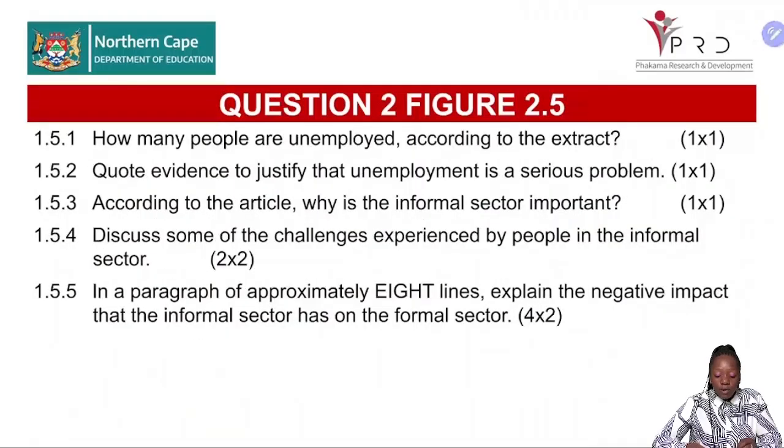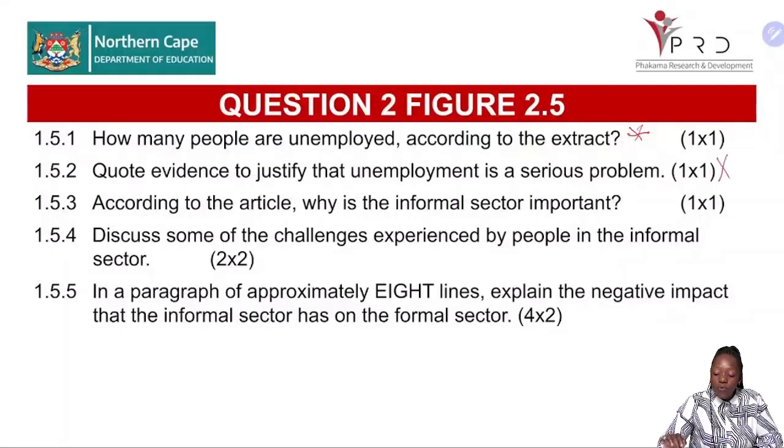Right? Looking at our questions, we have 5 questions. The first one, how many people are unemployed according to the extract? Then again, you put a star because you need to go back to the extract so that you can give the correct answer. Then secondly, you quote evidence to justify that unemployment is a serious problem.